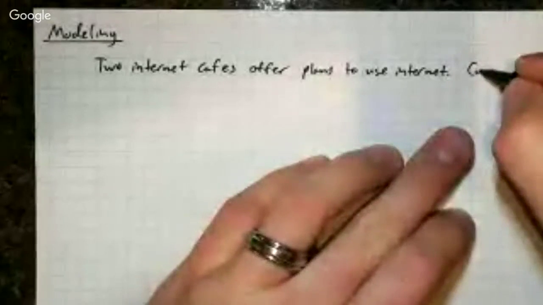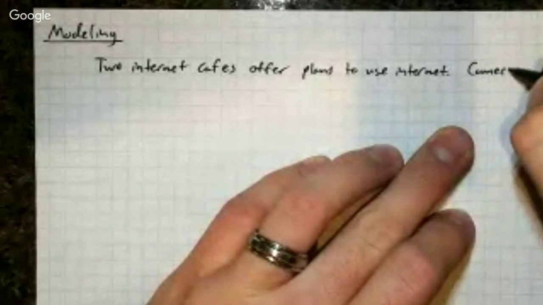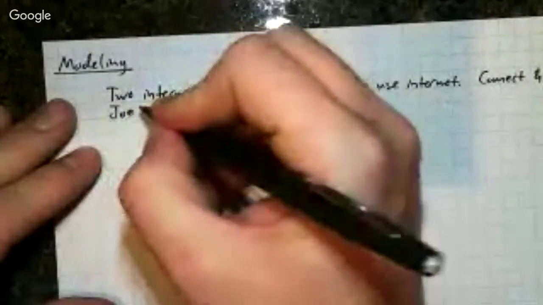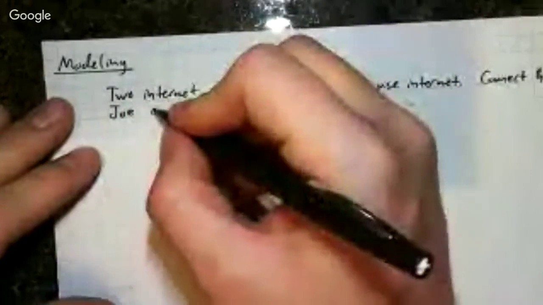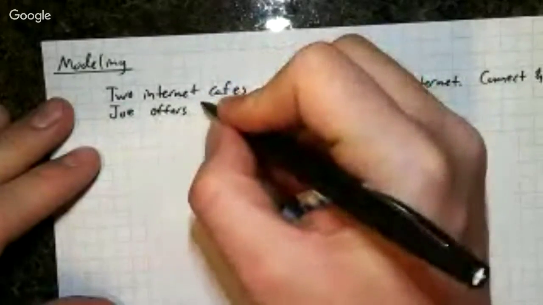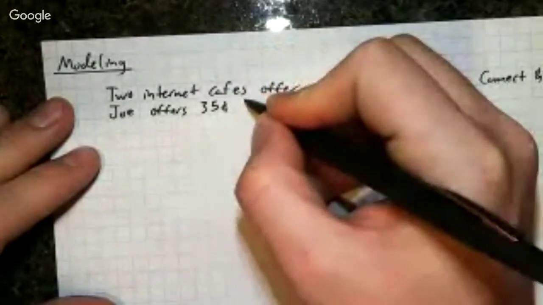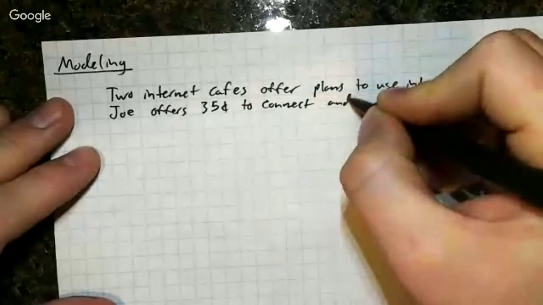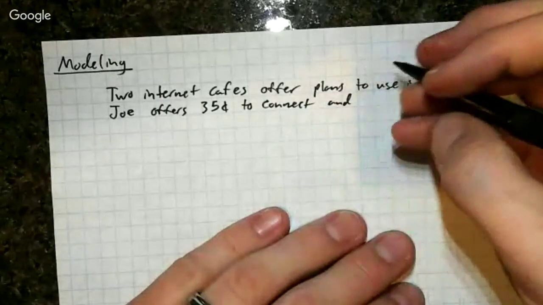The first one, which I'm going to call Connect and Joe, offers 35 cents to connect and 5 cents per minute.